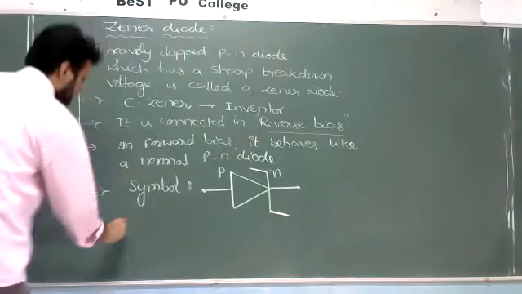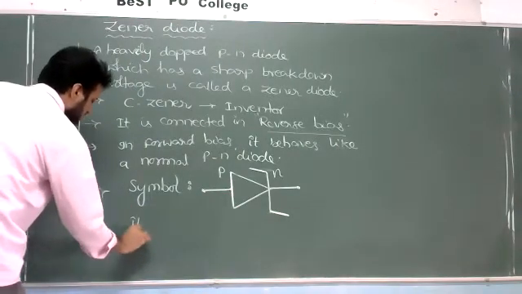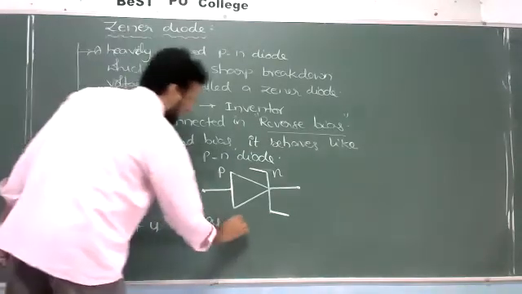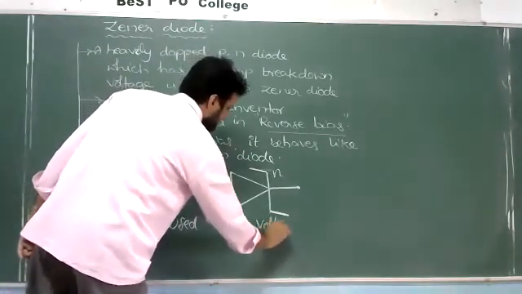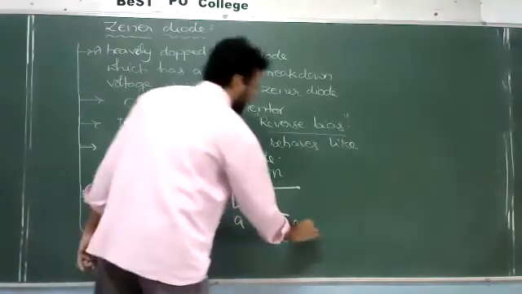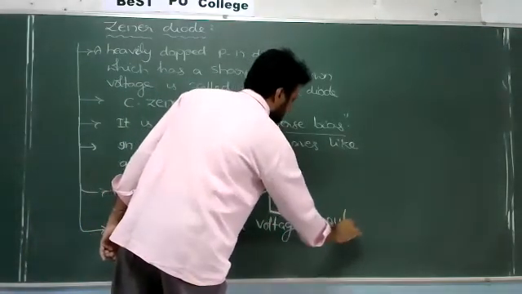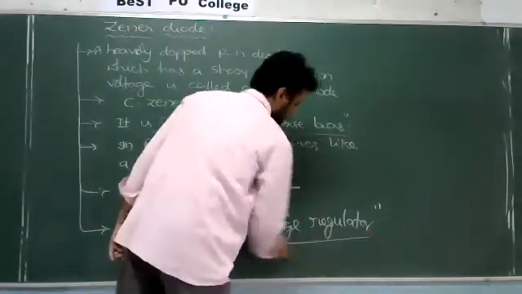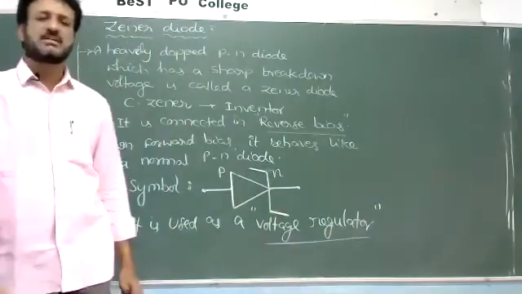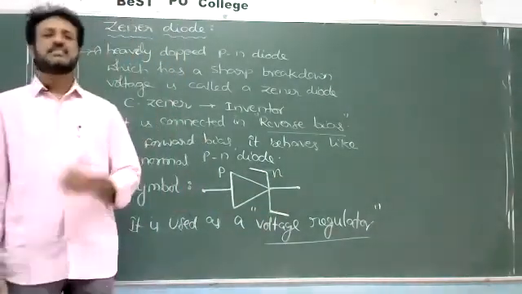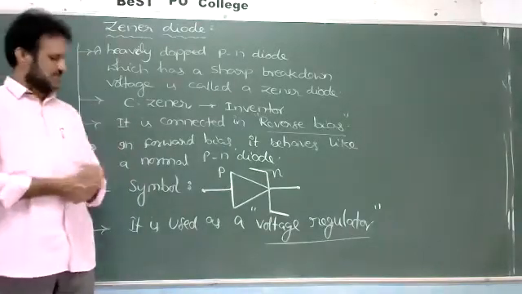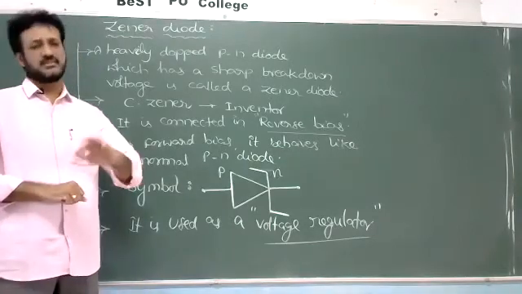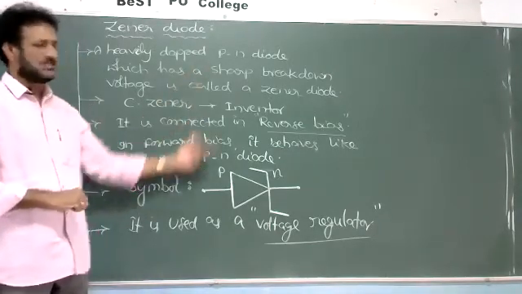So the Zener diode is used as a voltage regulator or voltage stabilizer. That's important. Sometimes a 1 mark question may be asked: what is the use of a Zener diode? A Zener diode can be used as a voltage stabilizer, voltage regulator or voltage controller. Correct.